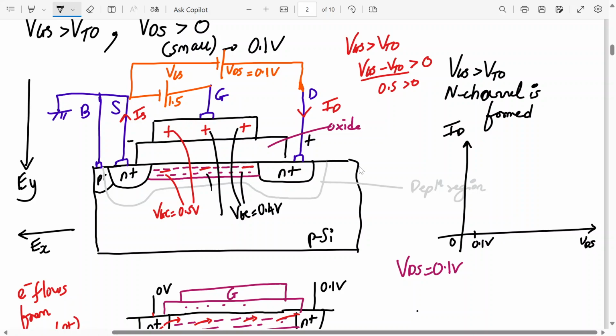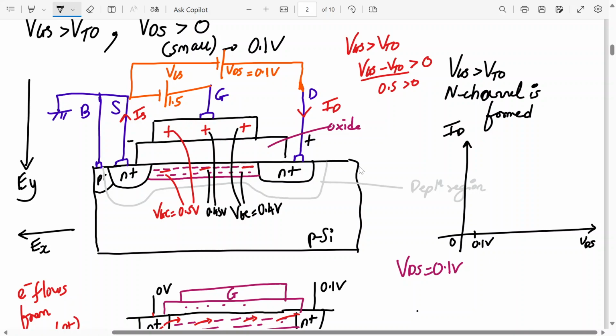Just assume. VGC will be how much over here? Somewhere in the middle. 0.45. Yes, 0.45. So gate to channel voltage is not uniform. Yes or no? Here there is less charge. Less voltage means less charge. Meaning the channel is slightly tapered.